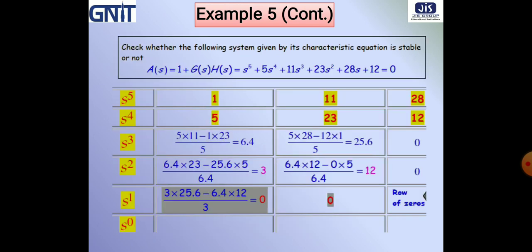That means you have to write an auxiliary equation using the row just above the zero row. This is the zero row, and just above it is this row. By using these coefficients 3 and 12, you have to write an auxiliary equation.